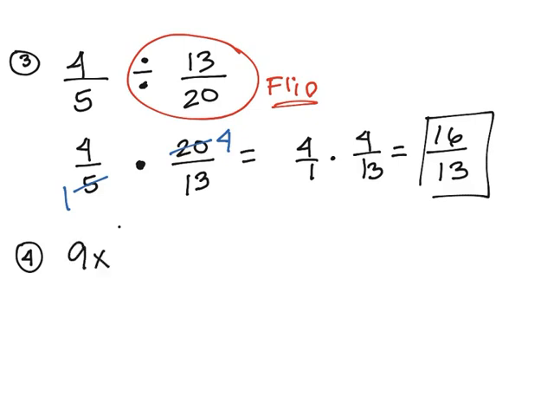Nine x to the 4th over 3x to the 5th divided by 3x squared over 5x to the 3rd.